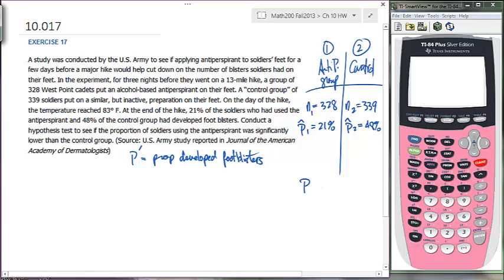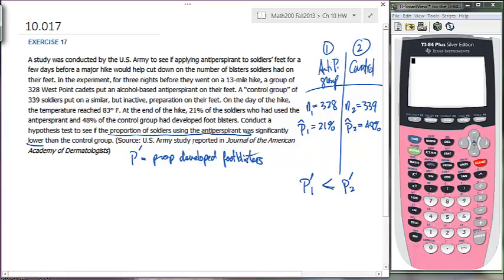And so we want to know if the proportion of soldiers using antiperspirant was significantly lower. So let's say that's P1, significantly lower, that's a less than sign, than the P2. Alright, this is set up.